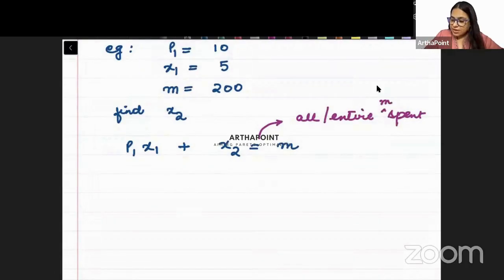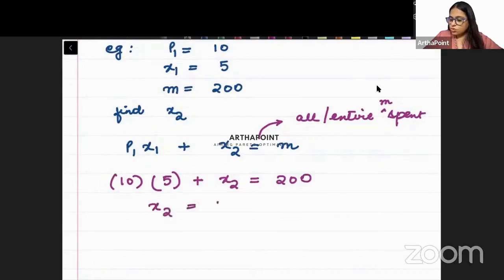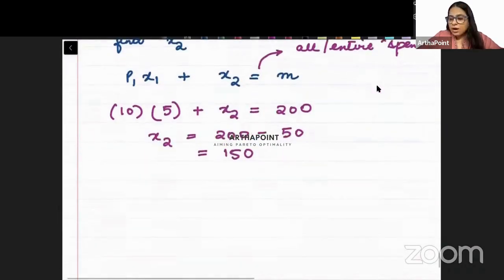Right? So what can I say, beta? 10 into 5 plus X2, बच्चे, equal to 200. So X2 will be what, बच्चो? 200 minus 50, it means 150. So the amount I am spending on all other goods, that is 150.